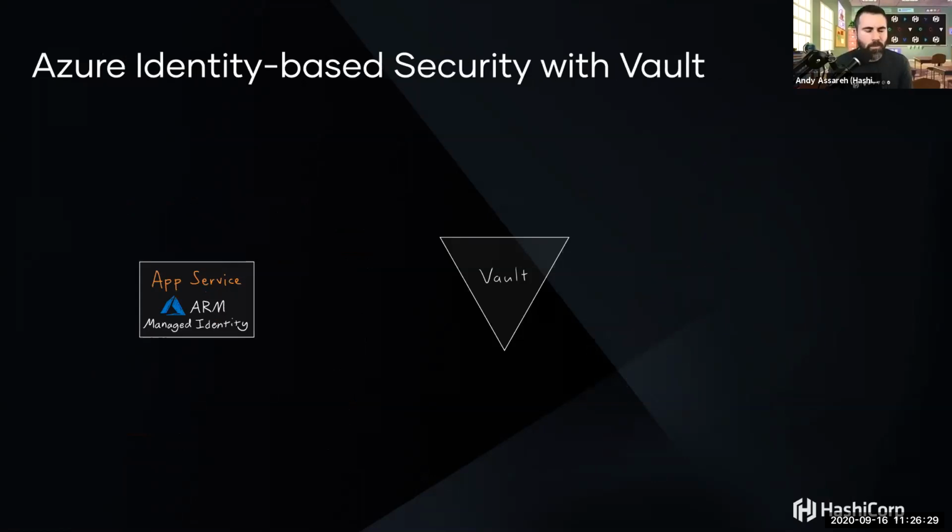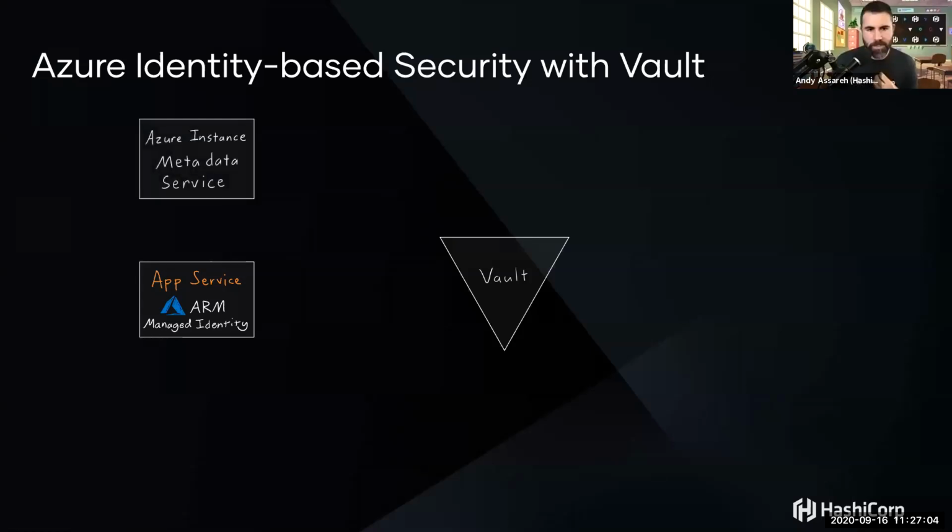And so finally, we have the methods that allow us to leverage these trusted sources of identity. In the case of Azure, for example, that's managed identity for Azure resources. This is how it works. Let's say we have our app service, and I cover all this in detail in the blog post. You can have a system assigned identity or a user assigned identity for your resources in Azure. Let's say in my app service, I'm just using system managed identity.